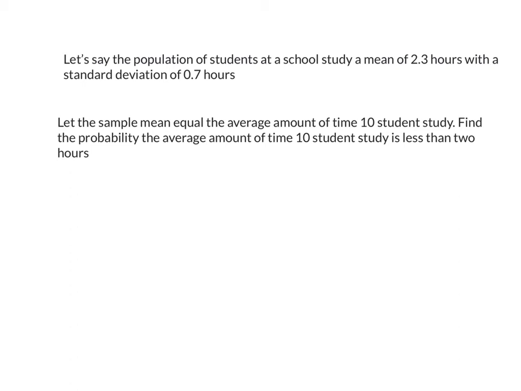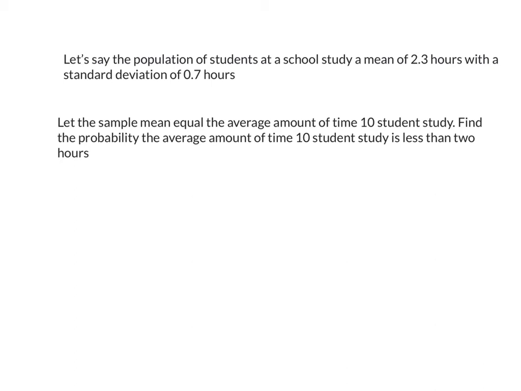Let the sample mean equal the average amount of time 10 students study. Let's find the probability that the average amount of time of those 10 students studying is less than 2 hours.